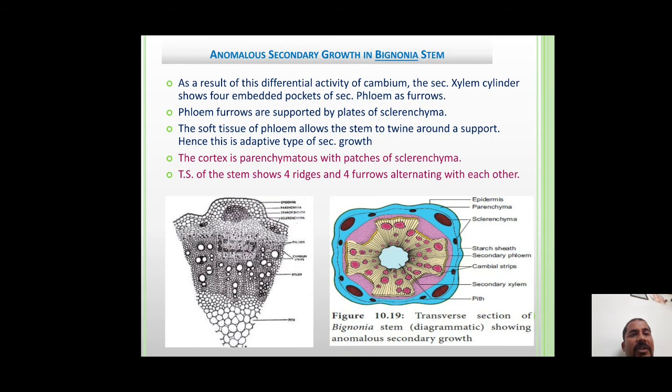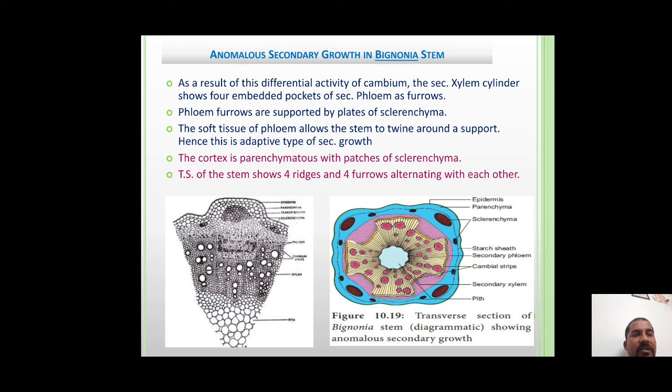As a result of this differential activity of the cambium, the secondary xylem cylinder, shown in the lining pattern, shows 4 embedded pockets of the secondary phloem as furrows, which are shown by the pink color. Phloem furrows are supported by the plates of sclerenchyma.